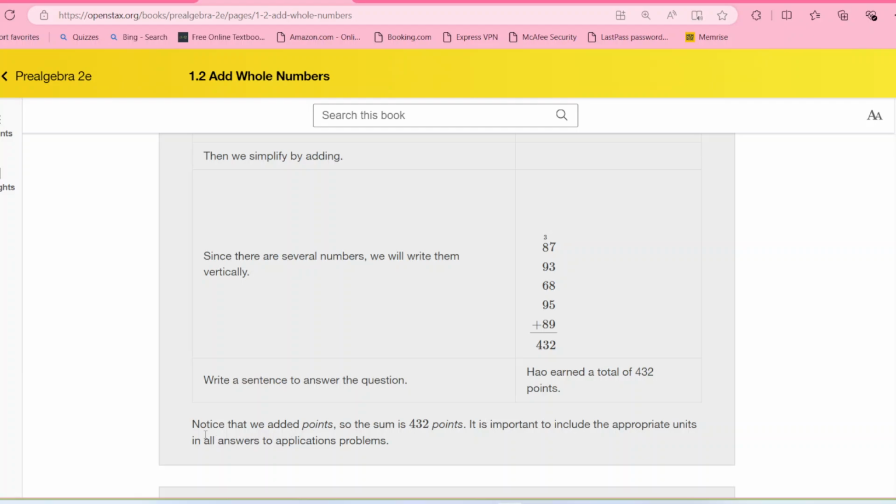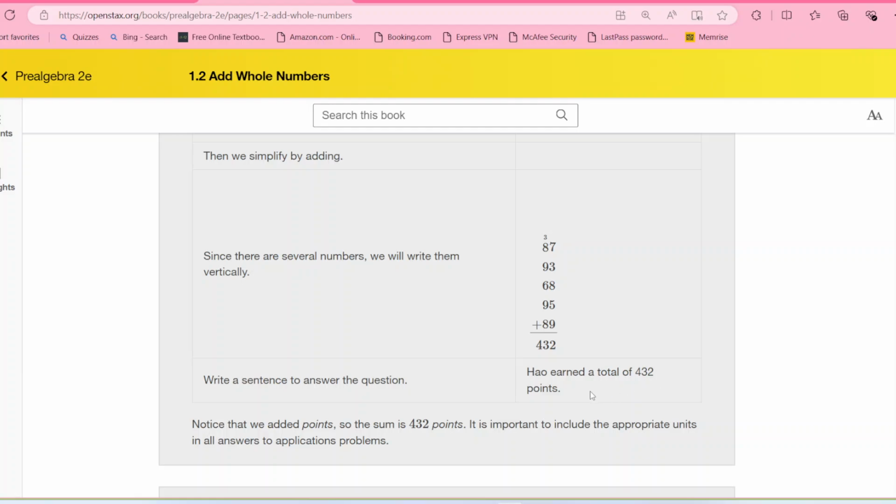Right. And then they say at the bottom, notice that we added points, the word points. All right, so the sum is 432 points. It is very important. I know that they didn't say very, but I'm saying very. It is very important to include the appropriate units in all answers to applications problems, word problems.